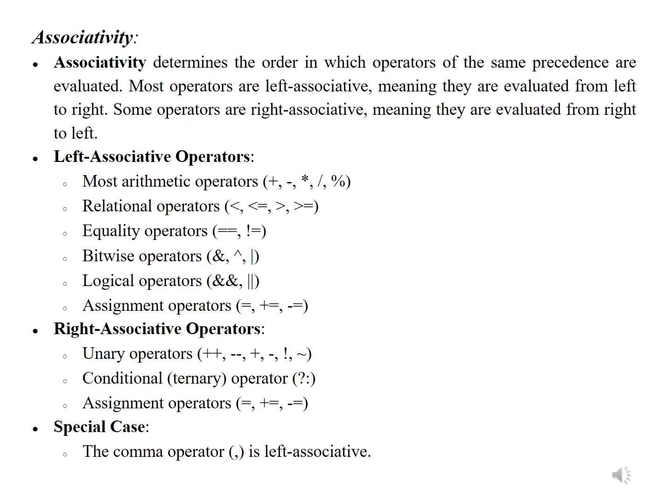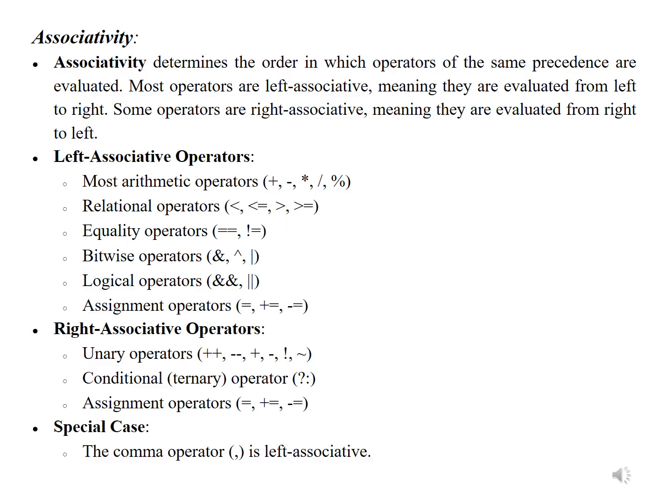Associativity. Associativity determines the order in which operators of the same precedence are evaluated. Most operators are left associative, meaning they are evaluated from left to right. Some operators are right associative, meaning they are evaluated from right to left.